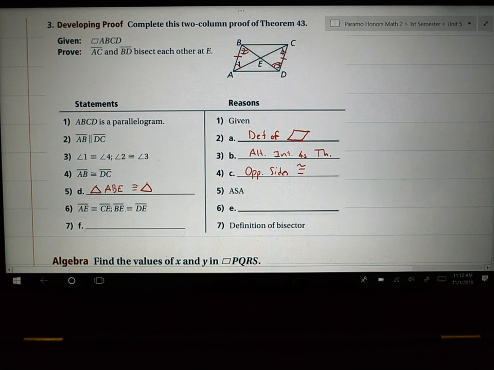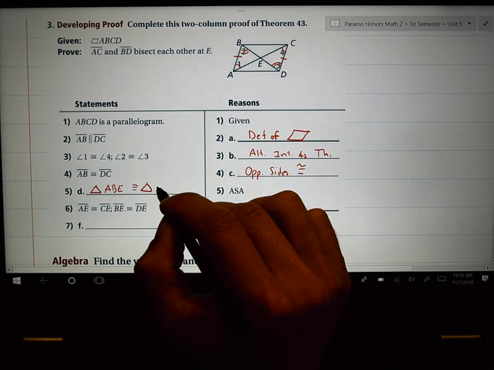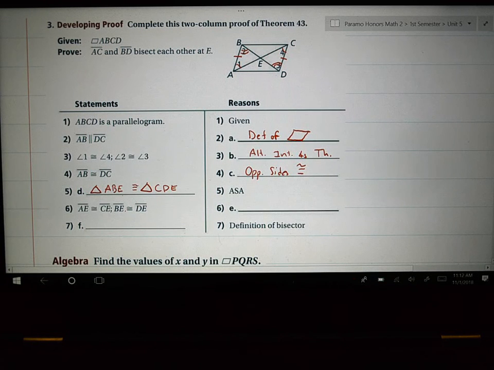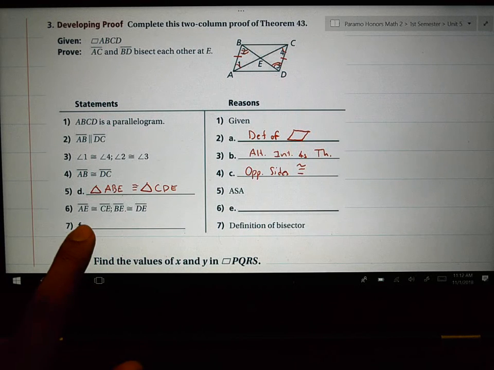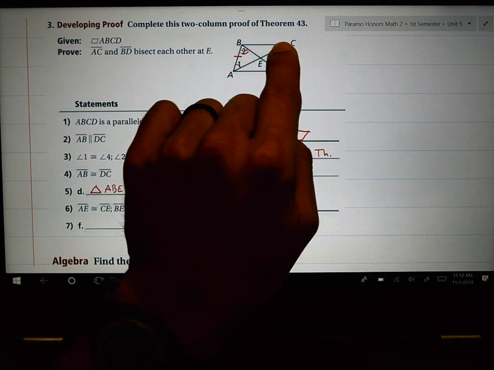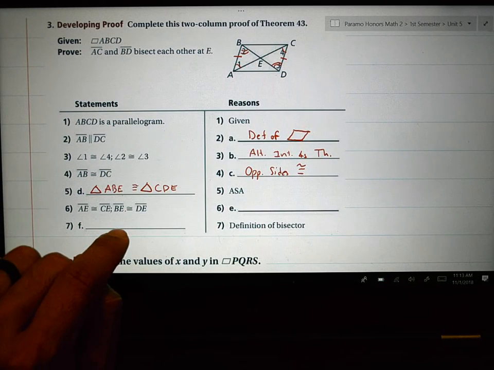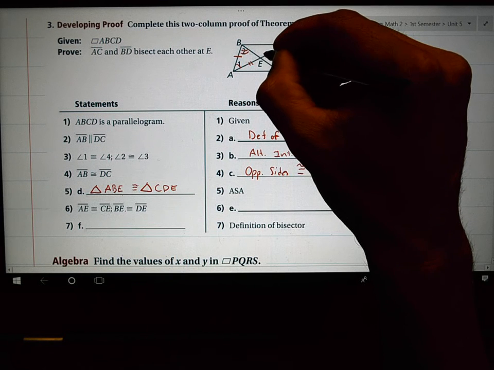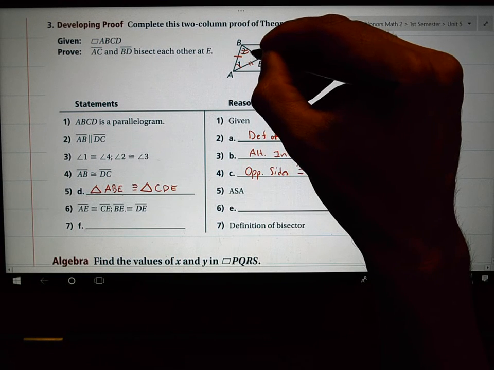If I use ABE, then I'm going to use CDE. They're going to be congruent to each other by angle side angle. And then it's going to say segment AE is congruent to CE. This is going to be congruent to that. And BE is going to be congruent to DE. So let me put a double, double, and a triple, triple.